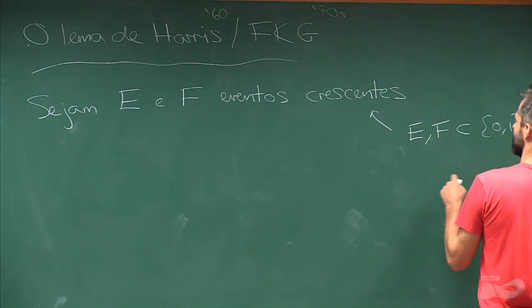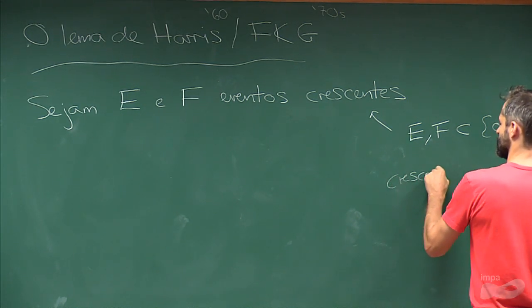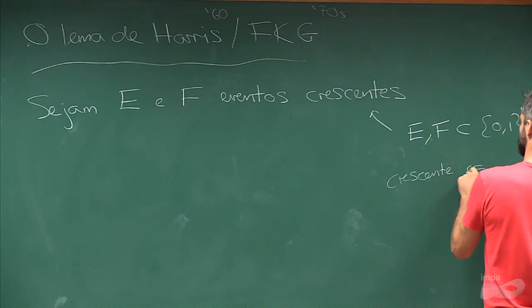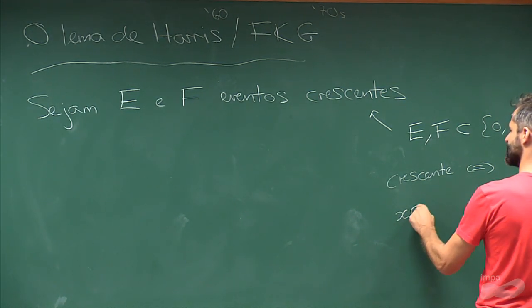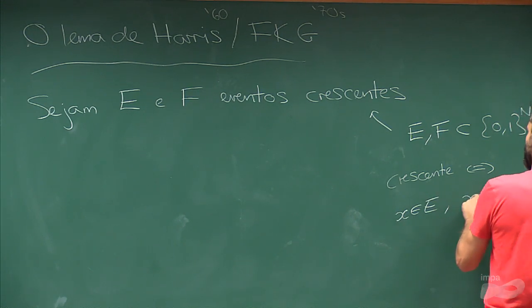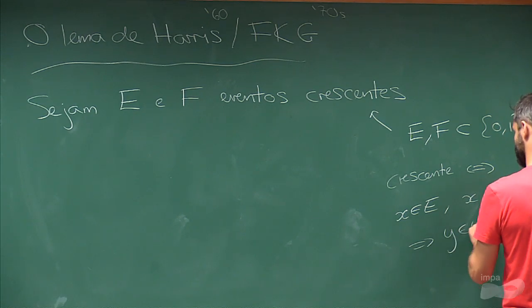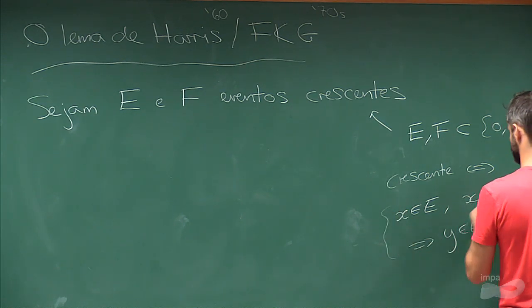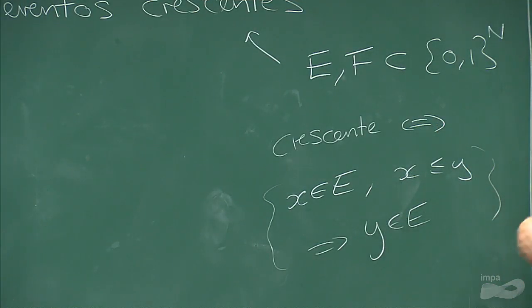And increasing means that if x is in E and x is at most y, then y is in E, where these are vectors in 0, 1 to the n, and less than or equal to means less or equal in each coordinate.